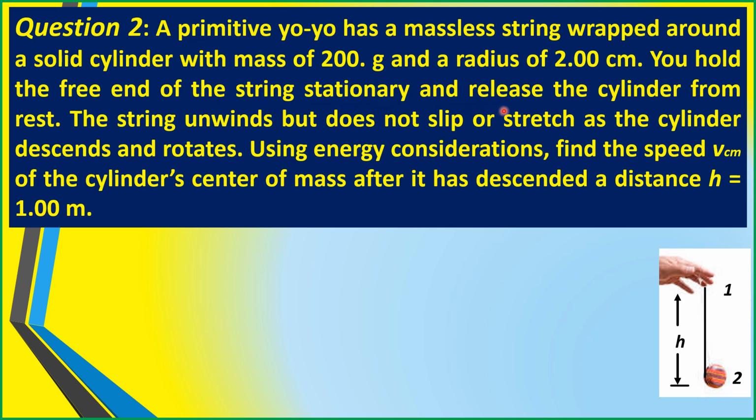The string unwinds but does not slip or stretch as the cylinder descends and rotates. Using energy considerations, find the speed v sub cm of the cylinder's center of mass after it has descended a distance h equals 1.00 meter.